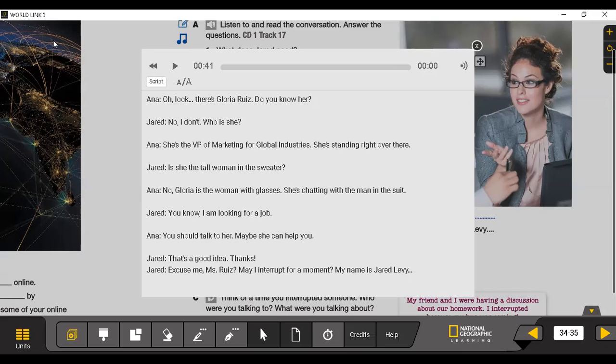It's talking about clothes. Very good. What else? Gloria is the woman with glasses. Okay, that is all about physical appearance. Could be physical appearance, a physical trait. And what else?